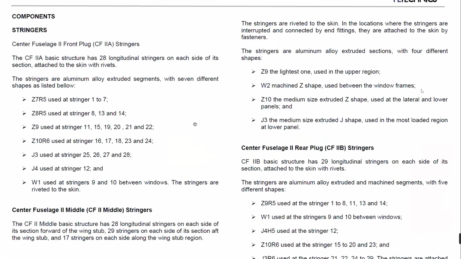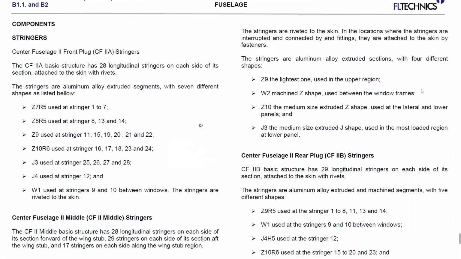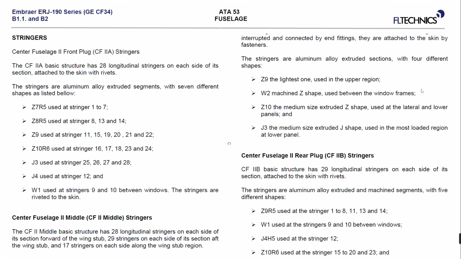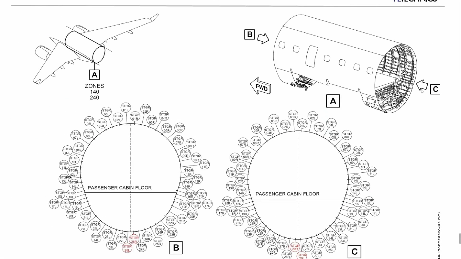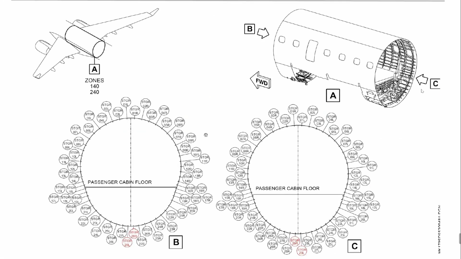I'm trying to reduce this information for you, okay? Because it's really not necessary. This is information that is not helping you in maintenance. This is information that you can check anytime in the maintenance manual, correct? So keep it simple. And here you have again the numbering of the stringers.